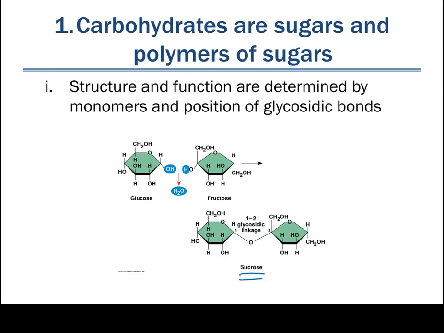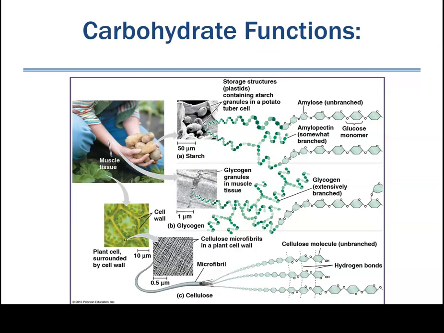But it's not just the monomers, it's also the position or the shape of that bond that forms that affects the structure of our carbohydrates. So there are a couple of major functions for our carbohydrates, but those two big ones are going to be structural function and storage function.